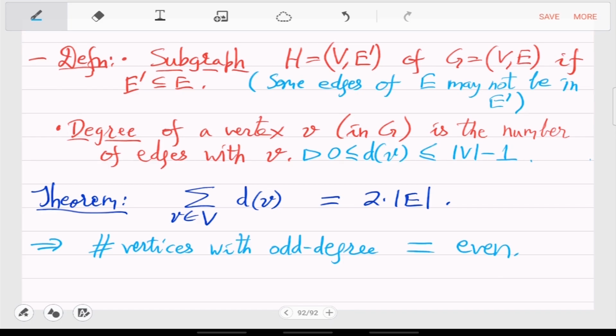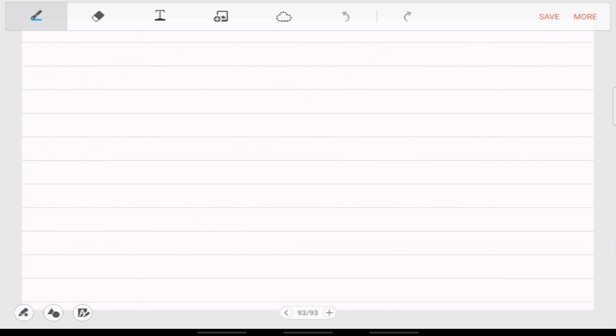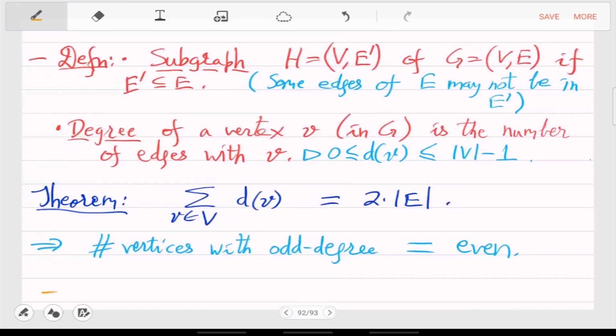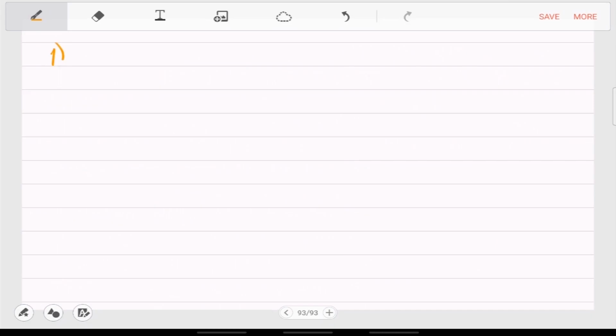Okay, there are some graphs which we will use by name. The first one I have already actually mentioned. So let's see some named graphs. The first example is what is called a complete graph.